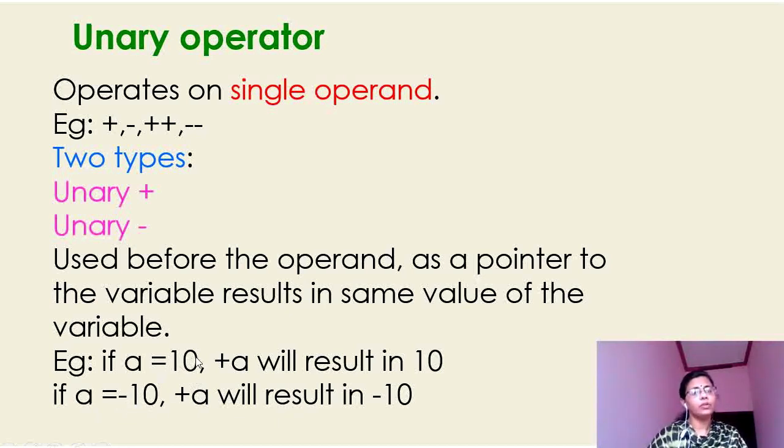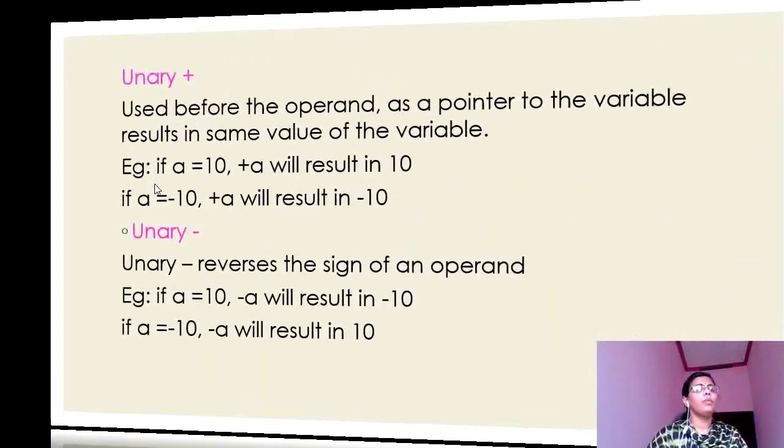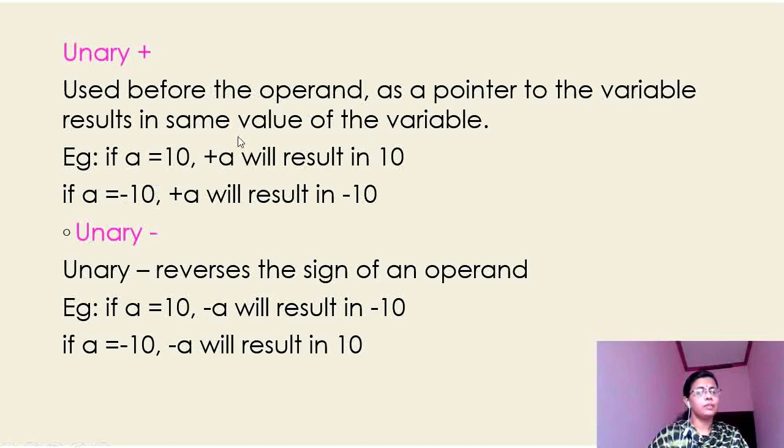Here I gave a positive value, 10, so it remained the same. But this value has a negative value. When I use a unary plus operator, the value remains as minus 10 itself. So whenever you are using a unary plus, there is no change in the value. This is explained here in detail.